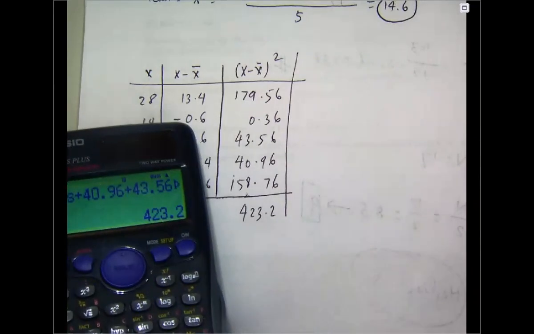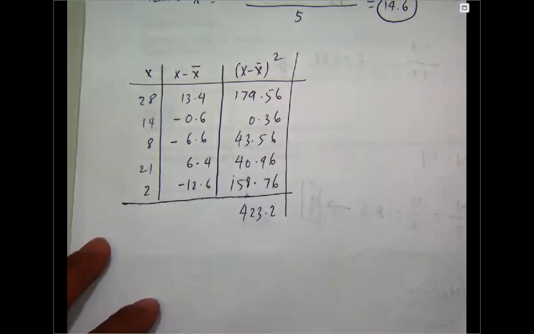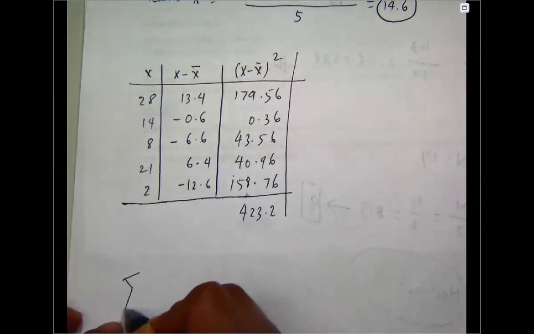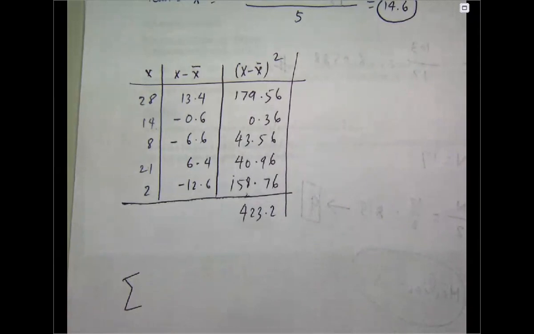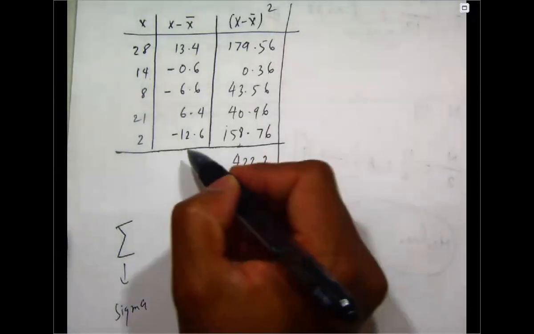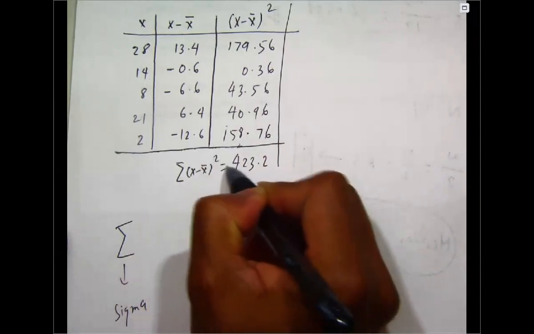Make sense? Yes? Okay, sometimes we might use this notation for addition. This is called sigma notation. It means add the values you have been given. So for this one, I can also write sigma of x minus x bar squared.